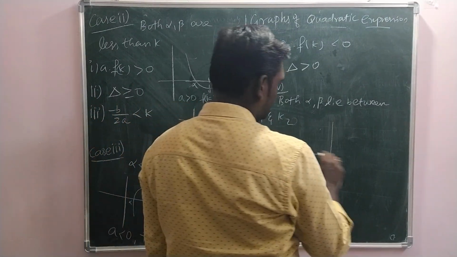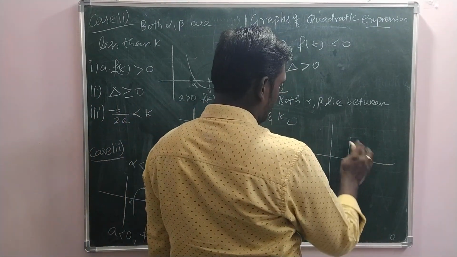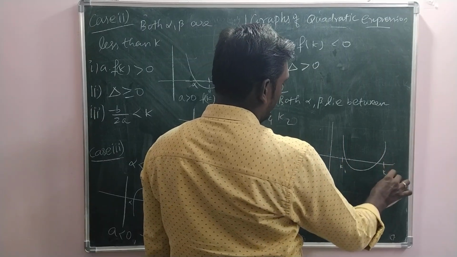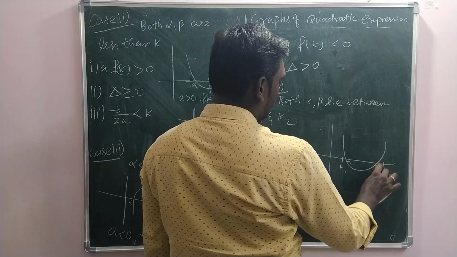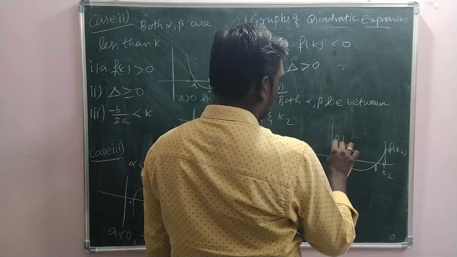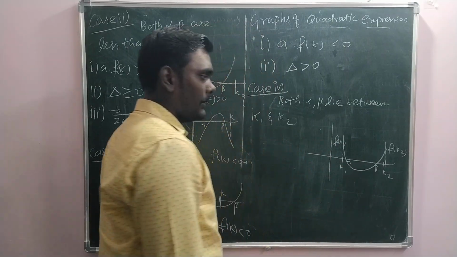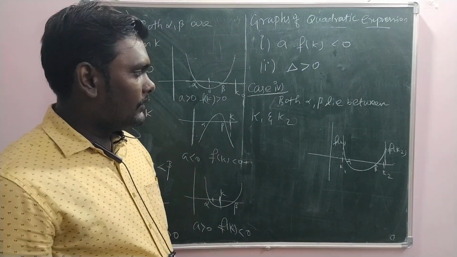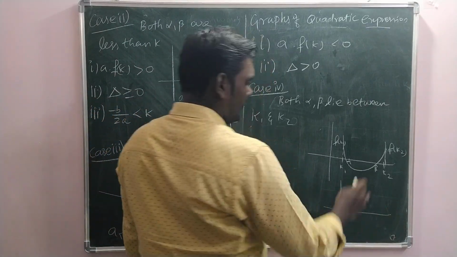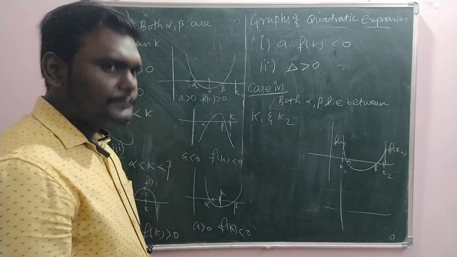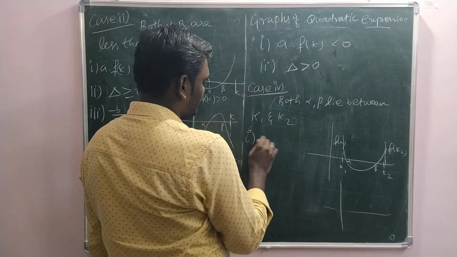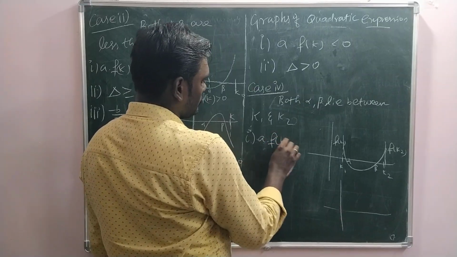That means below one value we know, above one value we know, alpha, beta, this is f of k2, this is f of k1. Both the cases will be the same only. We will discuss this case alone. So a into f of k1, first condition.